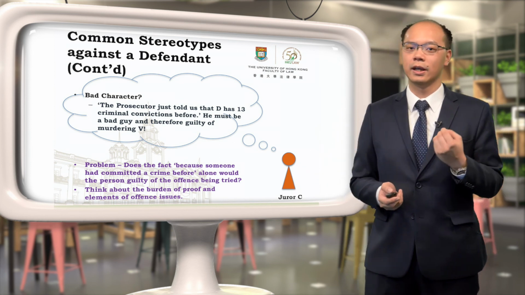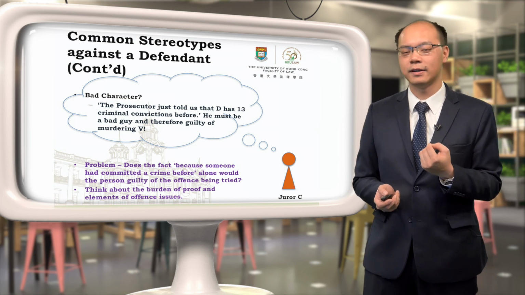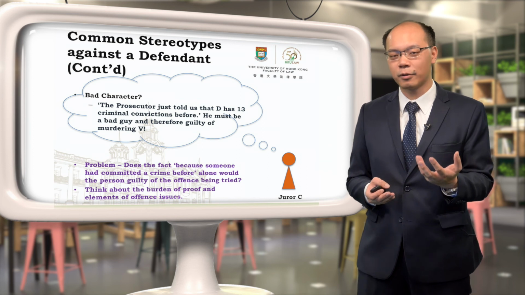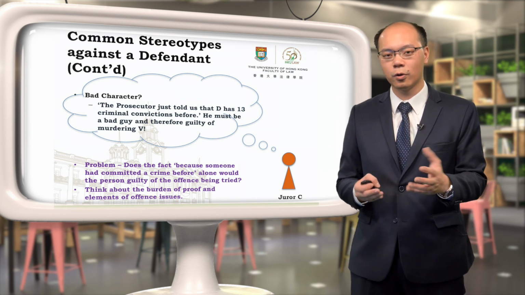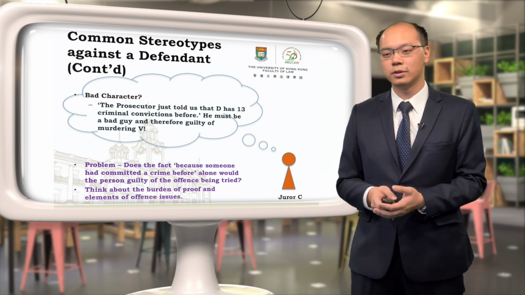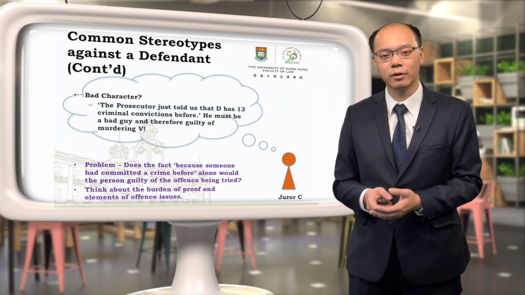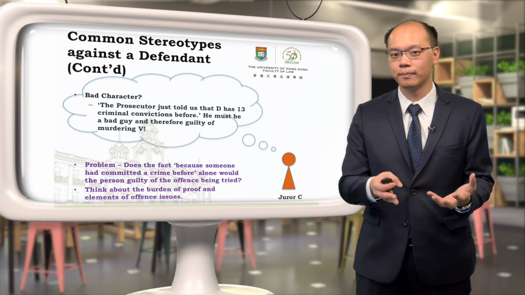Now think about this. If you have a defendant standing in front of you, and the prosecutor just told you that, well, this particular defendant had 13 criminal conviction records before, right?